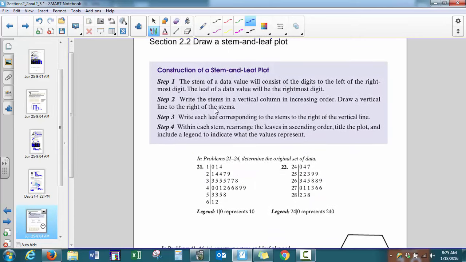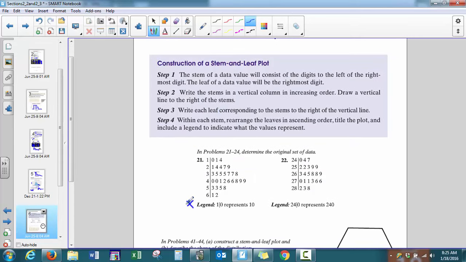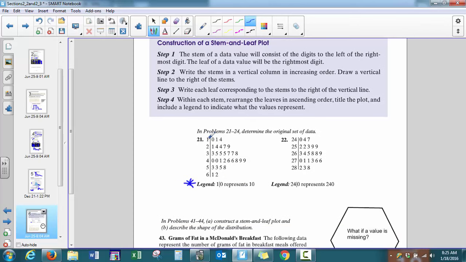Constructing a stem and leaf plot. The key about stem and leaf plots is your legend. That tells you how to put these numbers together. So a 1 in front of the bar and a 0 afterwards means this number is 10. So here in this chart we have 10. That's our first number. 1 in front, 0 behind. You have 1 and another 1, so that means the next number is 11.